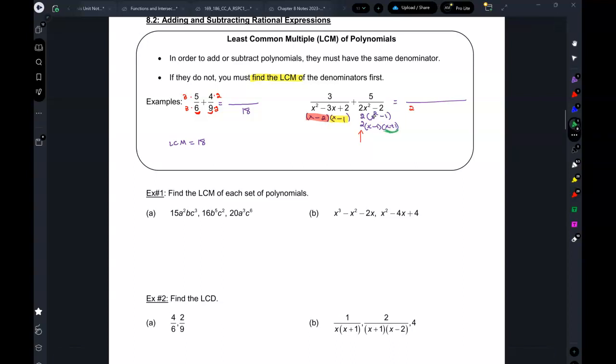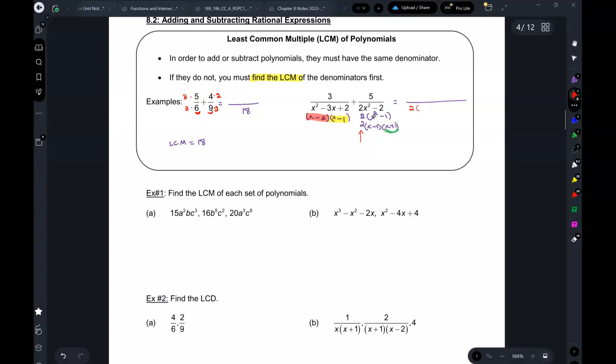So do you see how I have 3 different types of expressions? It's like 3 different types of products in a store, right? You go to a store and they happen to sell x minus 2s, x minus 1s, x plus 1s. In your common denominator, all of these must be represented.